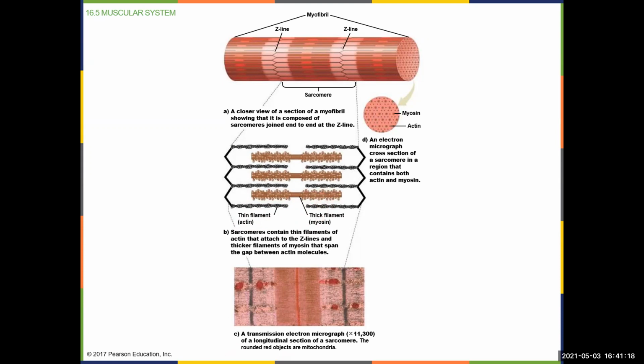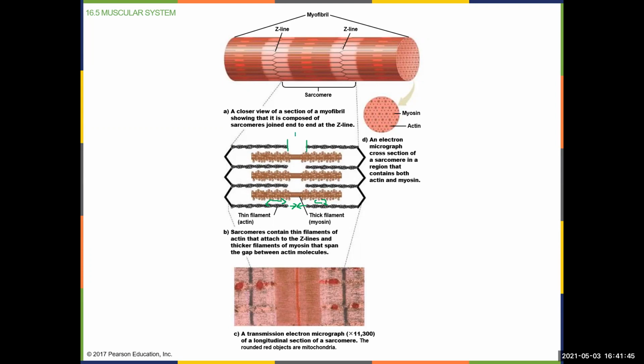So basically what happens is these myosin heads will grab onto this actin and push inward. And it causes that thin filament to move closer towards the center. And it will do the same thing on this side, and it will push, causes it to move closer to the center. So when it's relaxed, the gap between these actin filaments is this big.